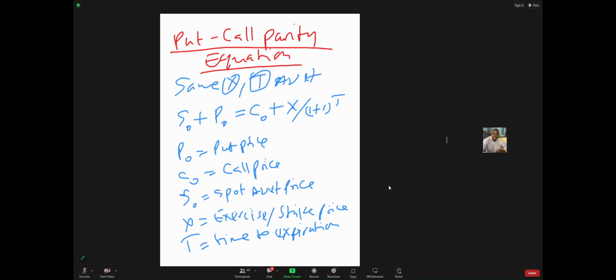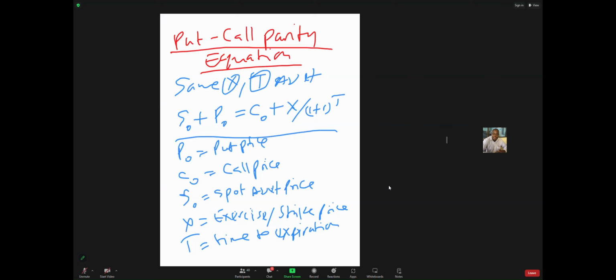which says, the way it is stated here, that the spot price of the underlying plus the value of the put (I think the put is the right to sell), so the value of that right to sell plus the price of the asset that you have the right to sell, should be equal to the right to buy the asset, which is CO, plus the present value of the exercise price of the underlying asset.